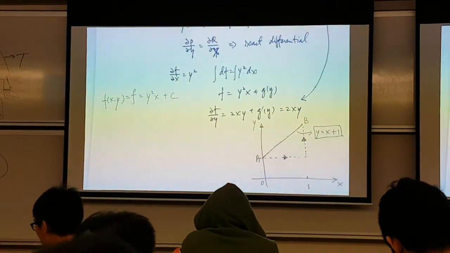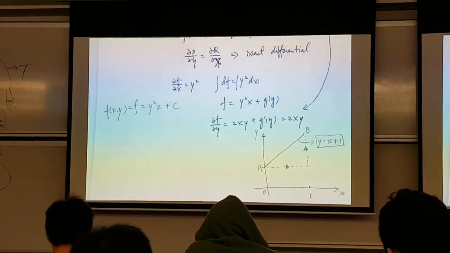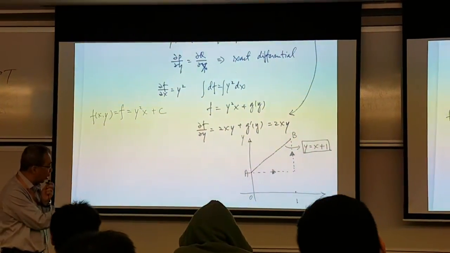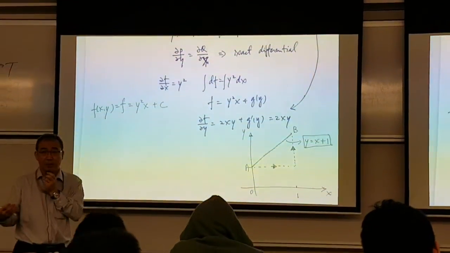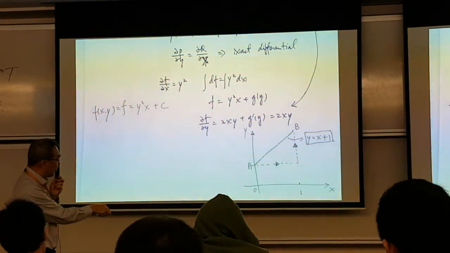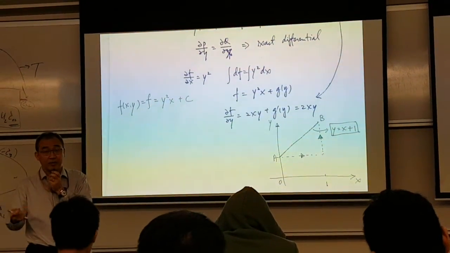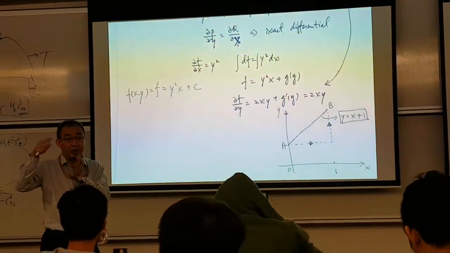Of course, because this is a straight line, the idea of moving along the x-axis and then along the y-axis is that if you move along this direction, there's no change in your y. If there's no change in your y, you don't have to evaluate the integral.